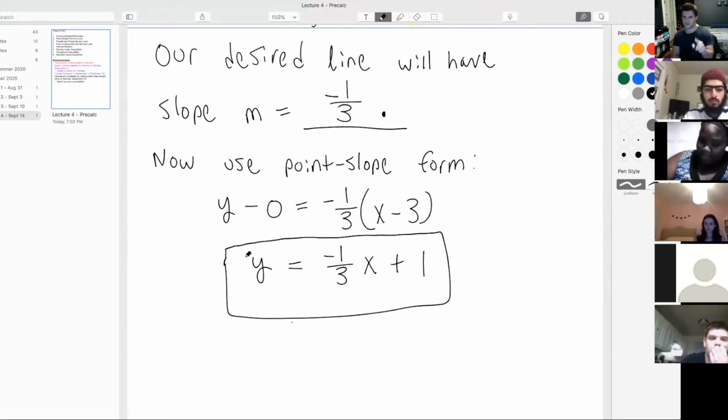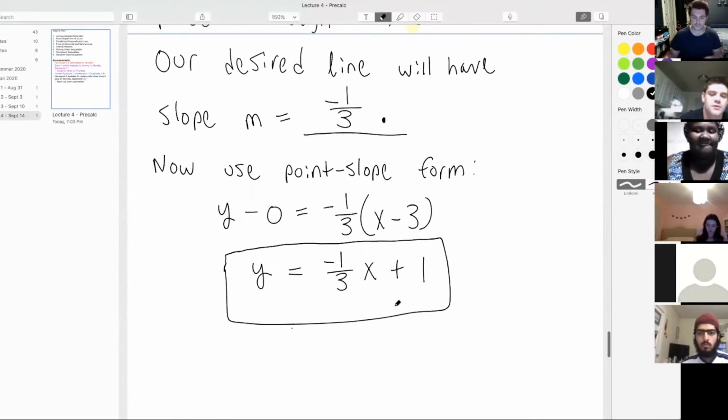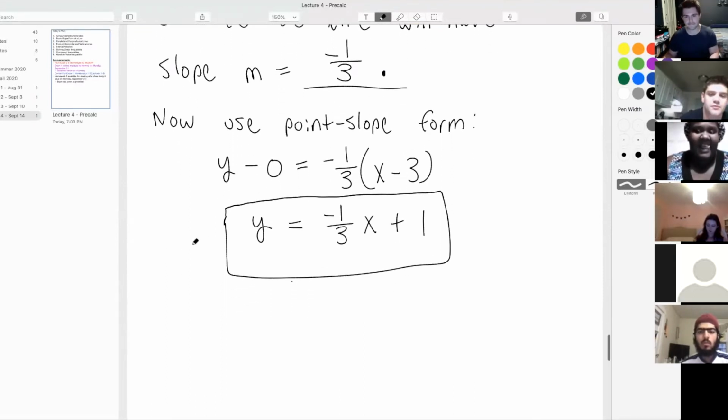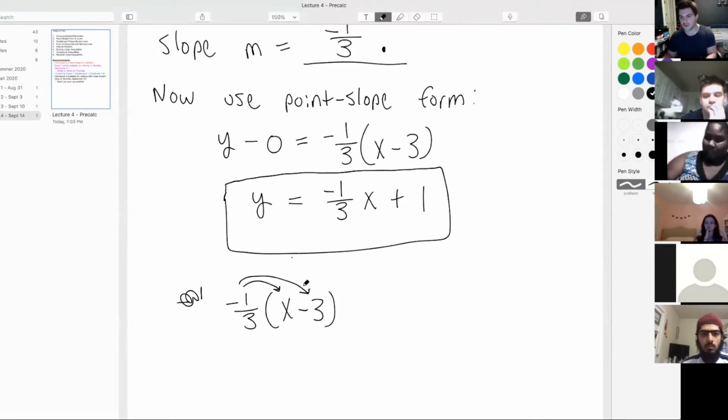Is everyone clear on that? So I distributed -1/3 into those parentheses, and you get -1/3 x plus 1 after doing so. Can you just elaborate on the last step of factoring, the last part? So -1/3 times -3. Yeah, exactly. On the right side, negative 1/3 times x minus 3, I'm just going to distribute this into both terms.